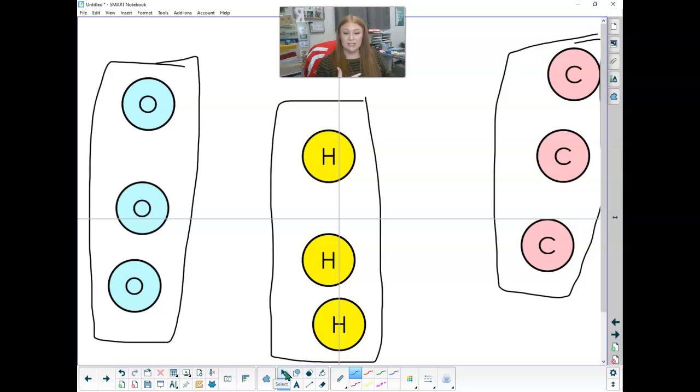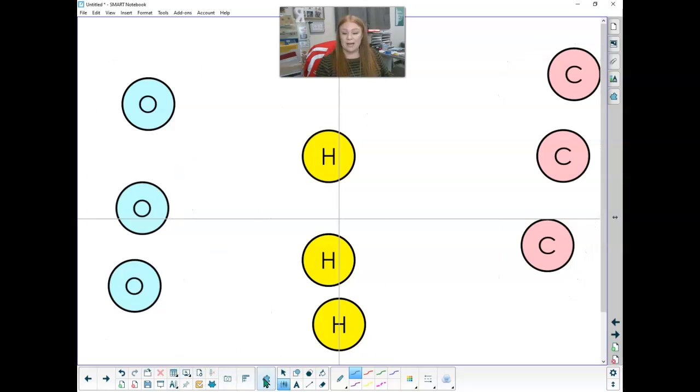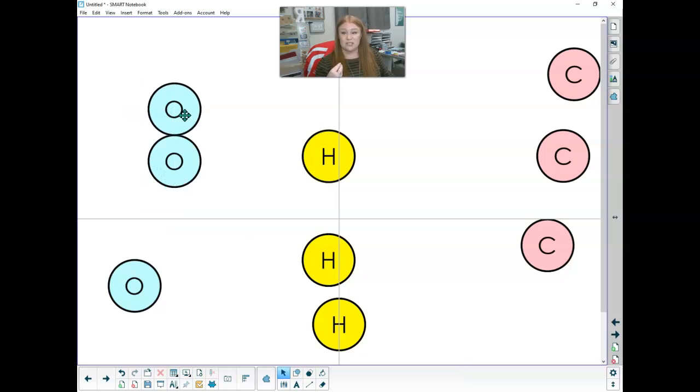Now we can start mixing these together and bonding them. That is what is going to make the molecule. So I can actually bond oxygen together. And once they're bonded, now it's a molecule. And I can bond it together with a carbon, CO2.